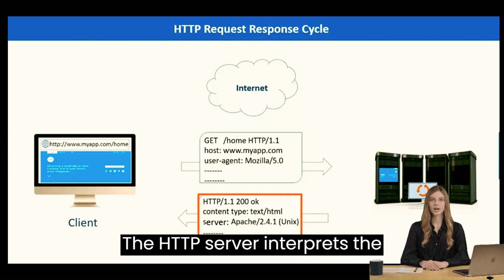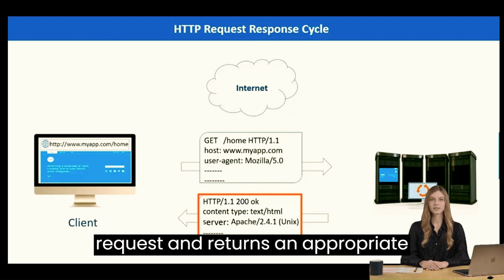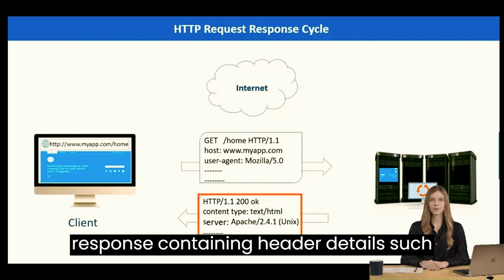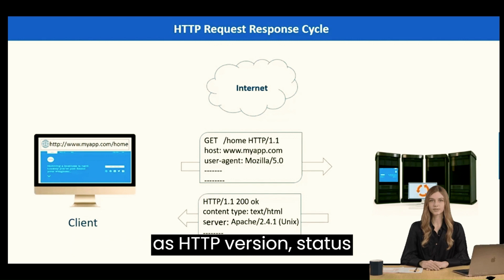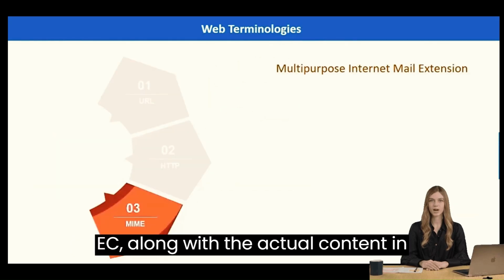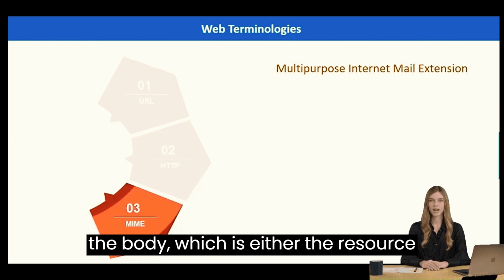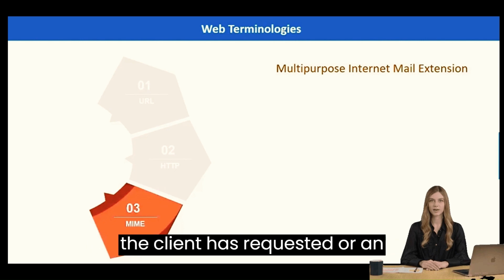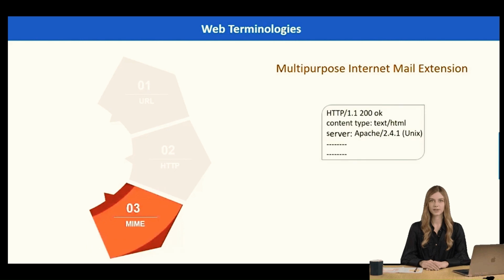The HTTP server interprets the request and returns an appropriate response containing header details such as HTTP version, status code, content type, server details, etc., along with the actual content in the body, which is either the resource the client has requested or an appropriate error message.